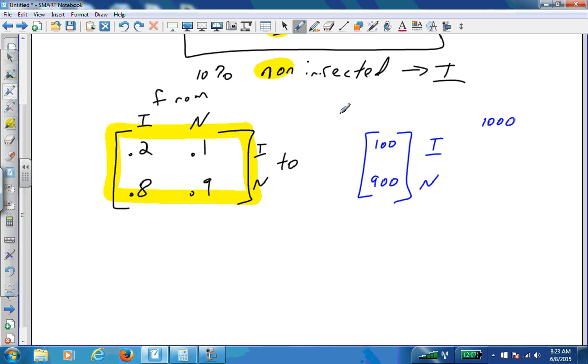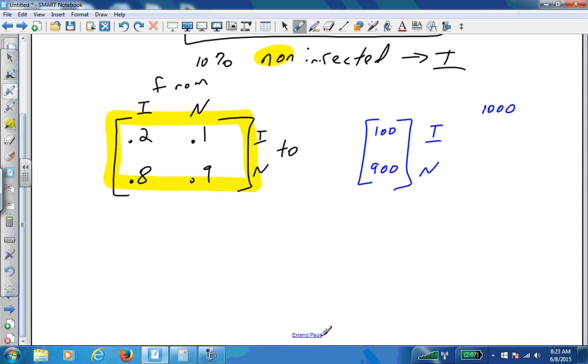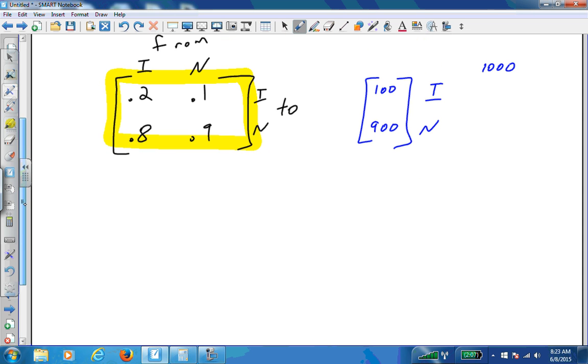So we're going to take these two matrices together, and that's going to let us know how many infected and how many non-infected we have after this first week.